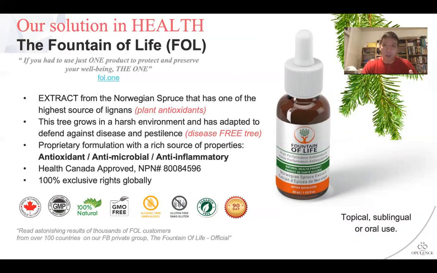As we talked about earlier, it grows in a very harsh environment and has adapted to defend against disease and pestilence. It's also a disease-free tree. It has a proprietary formulation with a rich source of properties. It's an antioxidant, antimicrobial, and anti-inflammatory, and I can't wait to share with you some of the incredible research I've found on the lignan that comes from Fountain of Life.